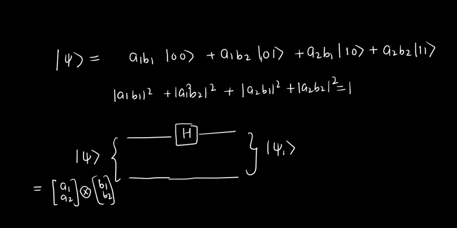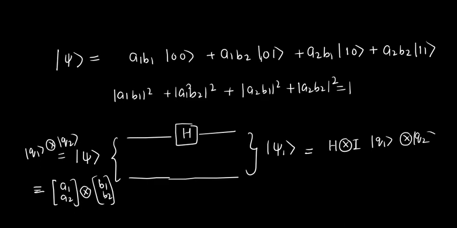So the output state is actually you are applying Hadamard to the first qubit. This phi is the Q1 tensor product of Q2, which you can equivalently write like this. And you are applying identity to the second qubit. So this you can write like this.